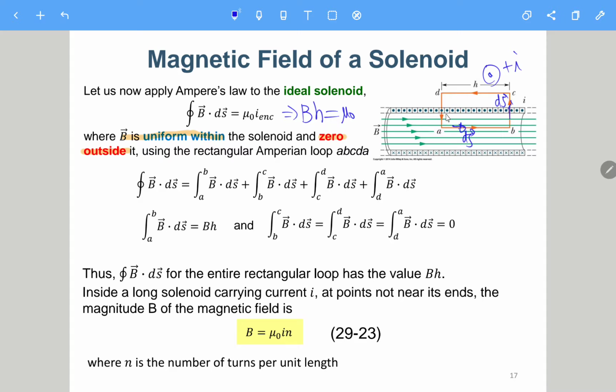So the total current enclosed will be the current of this solenoid multiplied by the number of turns in here, so it is I times the total number of turns.